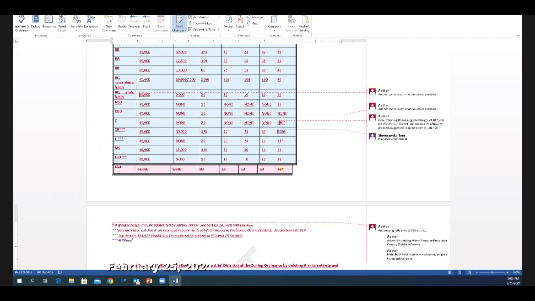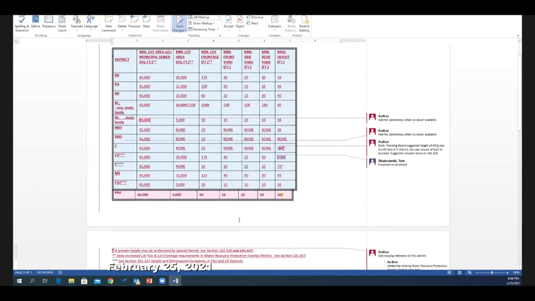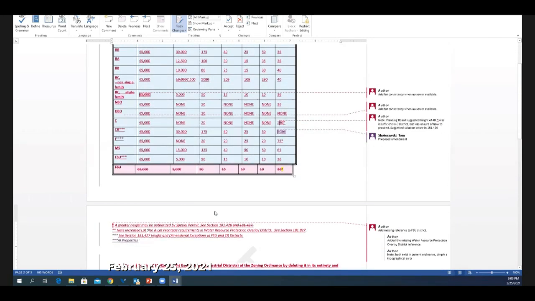Somebody who's looking at the zoning map is going to look here too, but they're going to see AI. They're not going to see I, or know that it's I. So how do you make that reference point? Do you put parentheses in the column where it says I, or AI? It's the same thing.